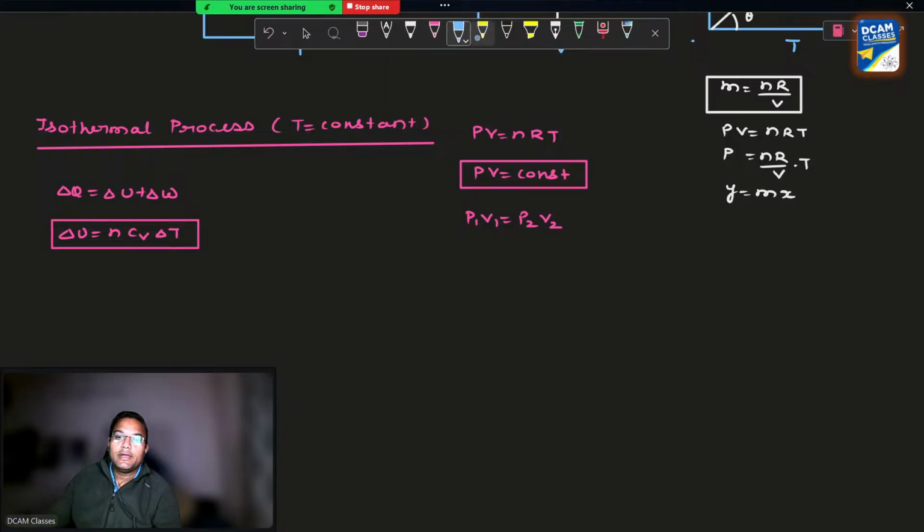Delta U would be 0 for isothermal. Correct. Because temperature is constant, delta T is 0. So it will be 0. Very good.